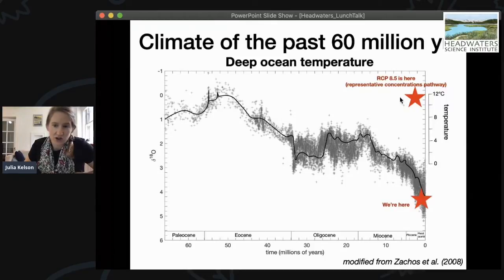And so this star is approximately the temperature change that we can expect to witness under what's called representative concentration pathway 8.5. That's essentially business as usual greenhouse gas emissions. So if we continue to emit greenhouse gases at the same rate and increase our emissions at the same rate as we currently are, then we can expect to witness this much warming in the next century.